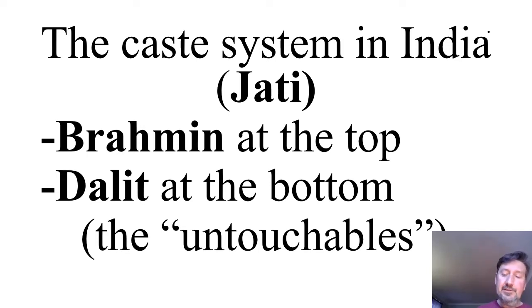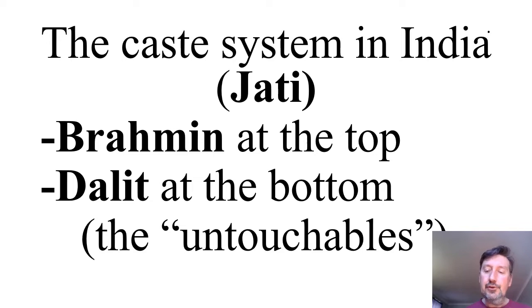Higher caste Brahmins and other people are not allowed to accept food or water from lower caste people, and the people at the lowest end of the Indian caste system, the so-called untouchables in India, are called the Dalit. Dalit are given the most physically and spiritually polluting work to do: cleaning restrooms, collecting garbage, tanning leather.